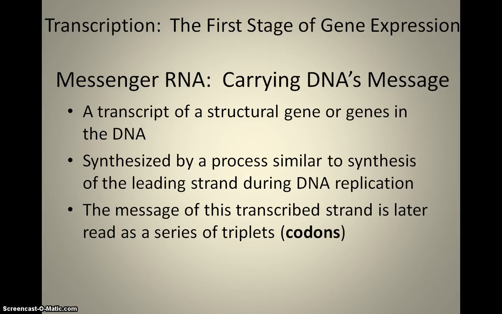So the messenger RNA carries the DNA's message. This happens similarly to how replication happens. We have to open up the DNA, and then an enzyme comes in and builds a polymer, or a sequence of nucleic acid. In this case, it's messenger RNA rather than DNA, but it's essentially reading the template strand in order to create the message.